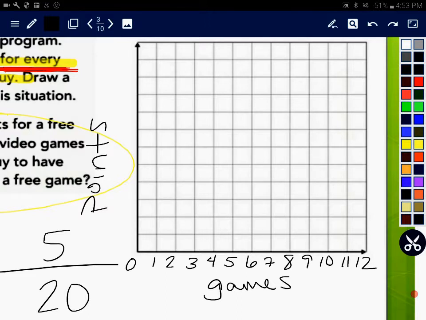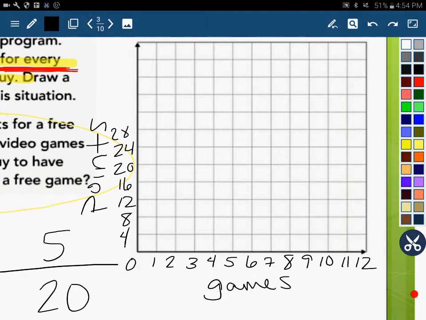So I'm going to label these tick marks going up by 4's instead of by 1's or by 2's. 4, 8, 12, 16, 20, 24, 28, 32, 36, 40, 44, and 48.